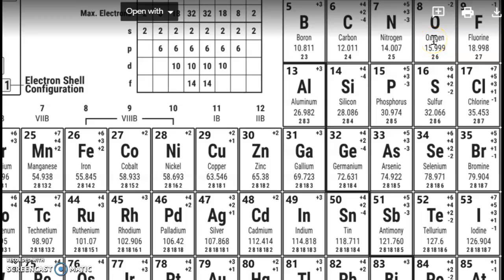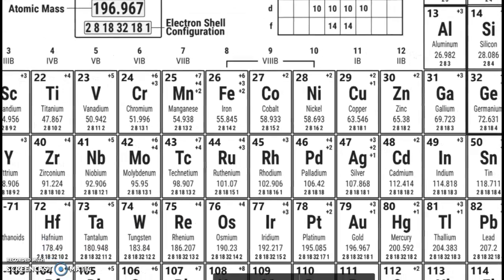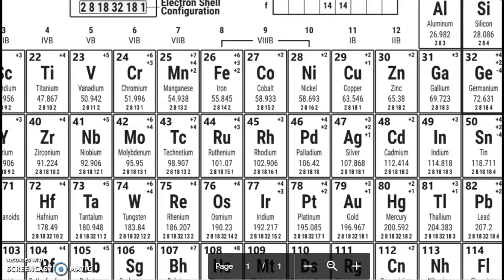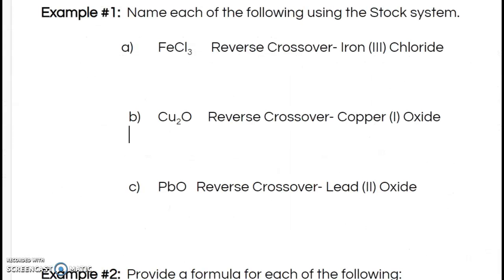Just like the one before with iron, it takes 2. So one copper 1 ion goes to oxygen, another copper ion goes to oxygen to provide it with the appropriate amount of electrons to look like that noble gas that we were talking about earlier on in the lessons.